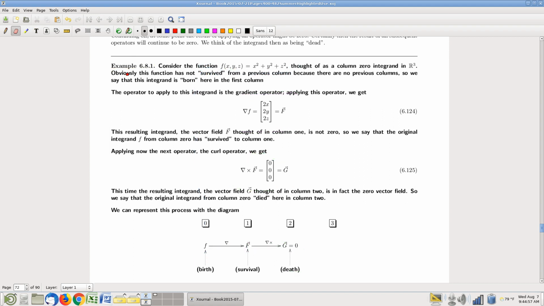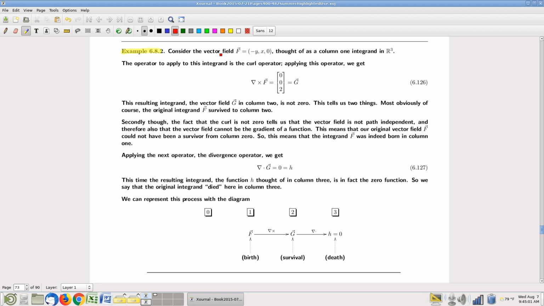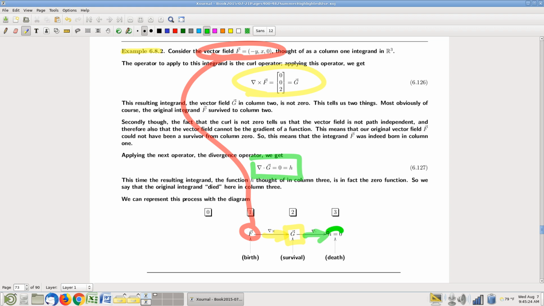All right. Here's another example. Suppose I were to think of this vector field here in column 1. And I could apply the curl operator as the diagram tells me to. The curl gives me this non-zero thing. And then, after that, I could take the divergence. I get 0. And so death. So another birth, survival, death.